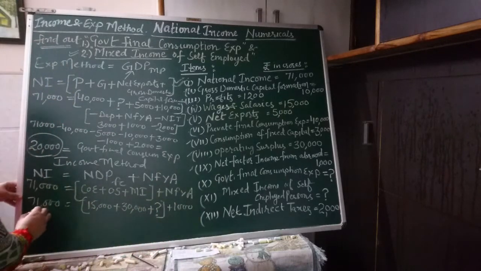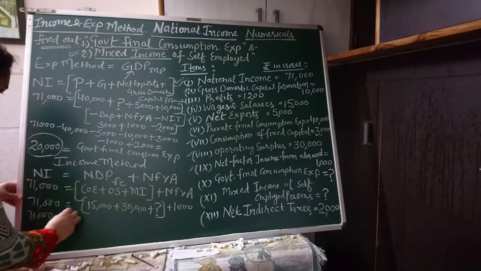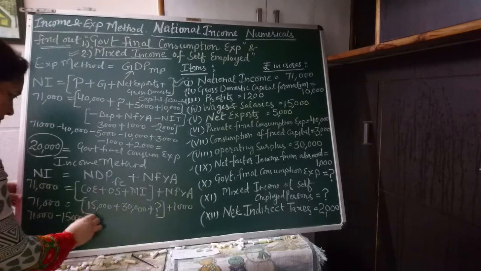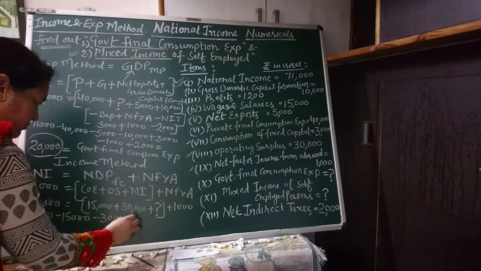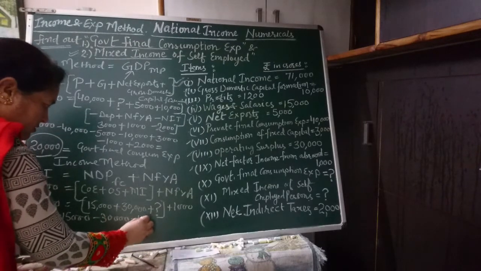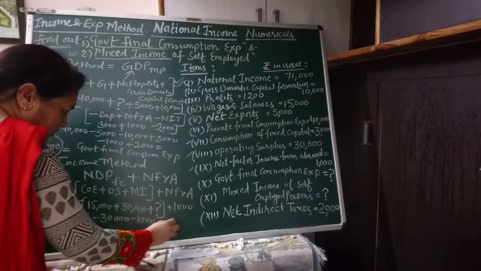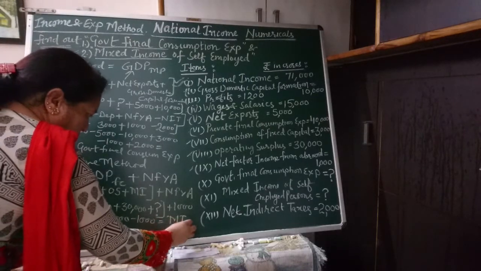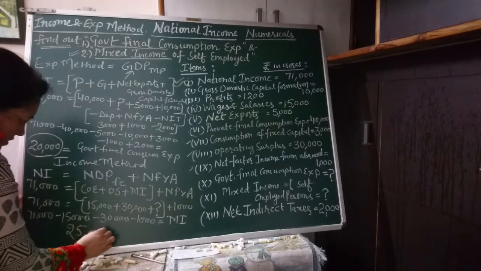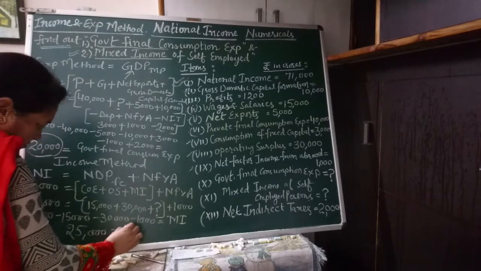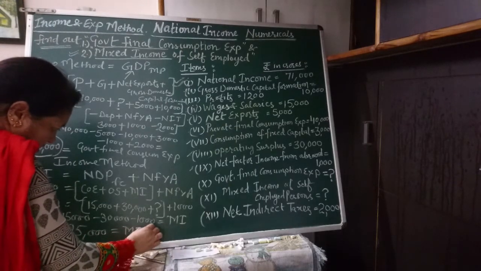So 71,000 minus 15,000 minus 30,000 minus 1,000 is equal to mixed income of self-employed persons, which is 25,000 crore rupees. This is mixed income.